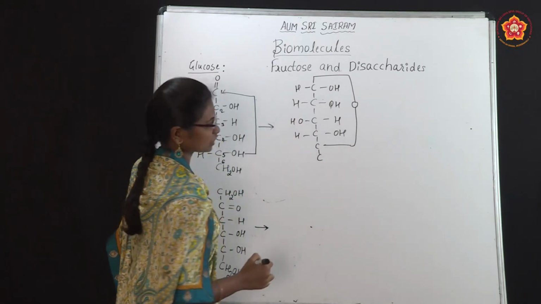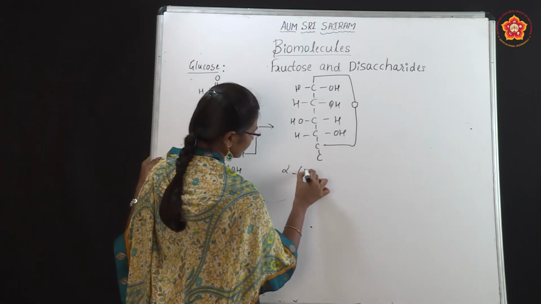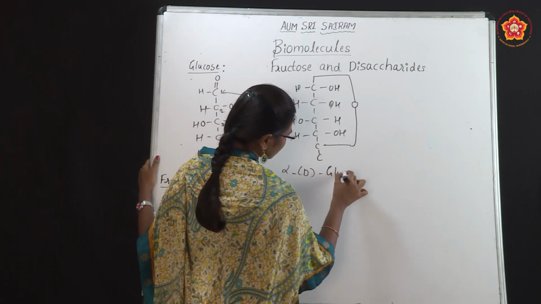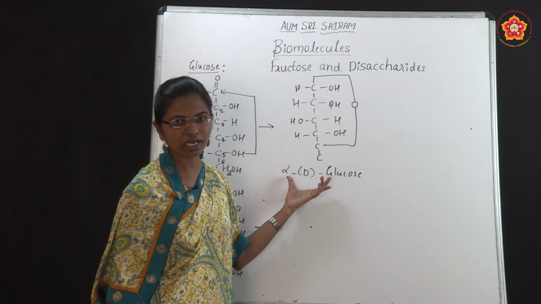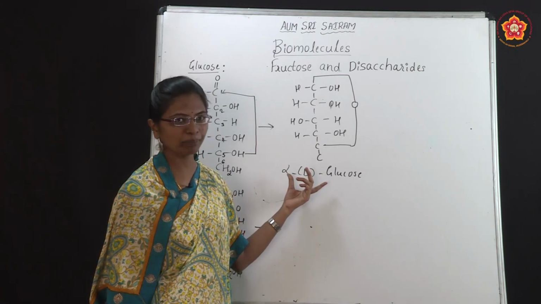And this is the structure. This is alpha D glucose. There are 2 forms: one is alpha and one is beta.